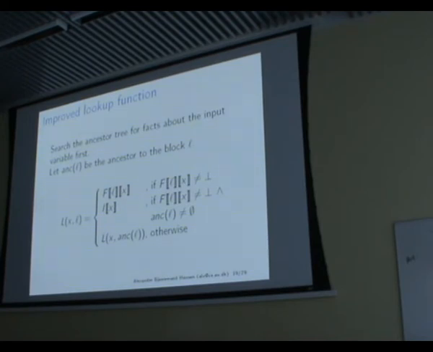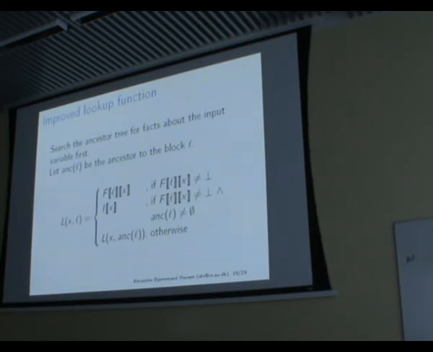So we redefine our lookup function to search the SSA ancestor tree for facts about this variable. So we look, do we have a fact at this block where we want the value? If we do, return it.